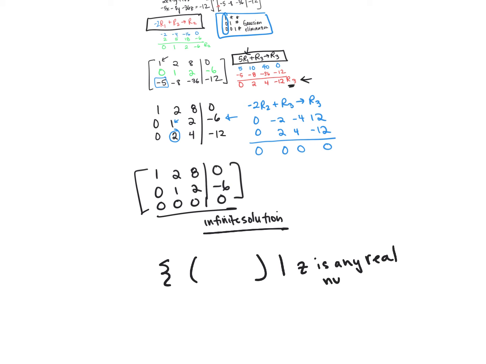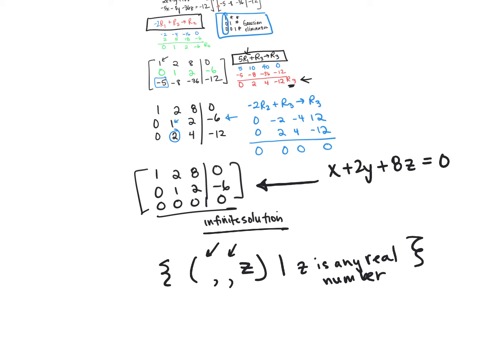And really what it wants you to do is write an ordered triplet where you have z as the last entry and your x and your y are written in terms of z. So if I go back up here and write the equations that are left, that's x plus 2y plus 8z equals 0, and I have y plus 2z equals -6.